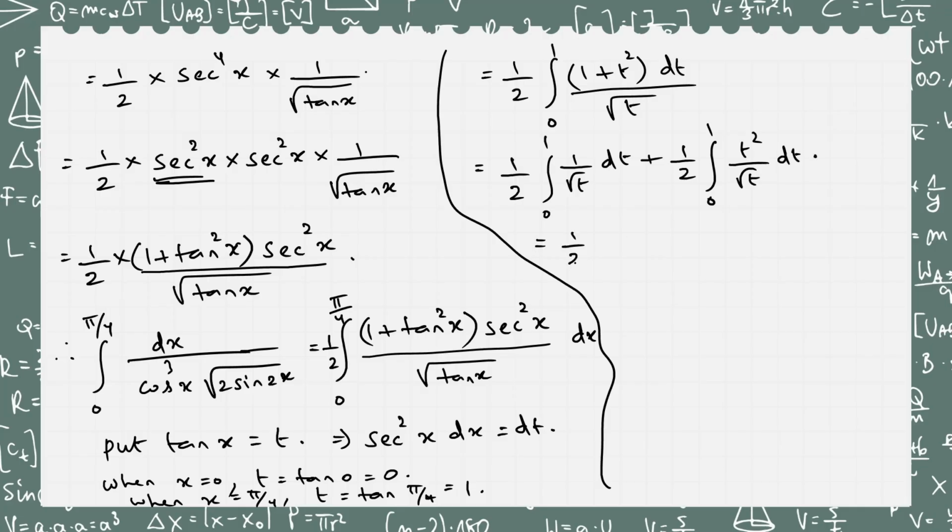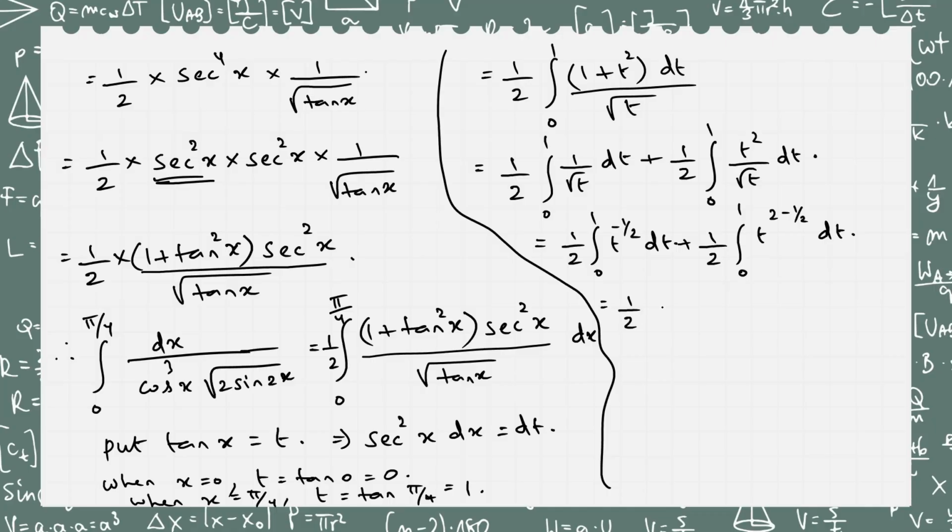And this will be 1 by 2 integral 0 to 1 t power minus 1 by 2 dt, because root t is t power 1 by 2. And the next one is 1 by 2 integral 0 to 1 t power 2 minus 1 by 2 dt, because root t is t power 1 by 2.